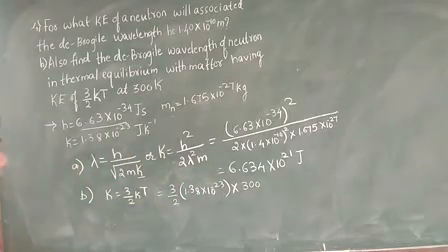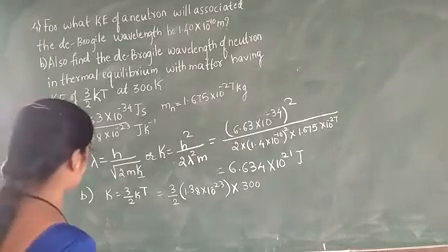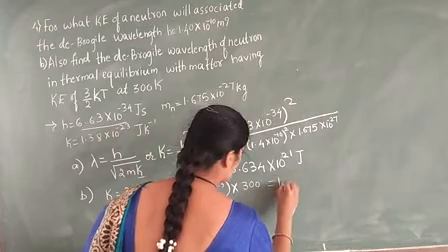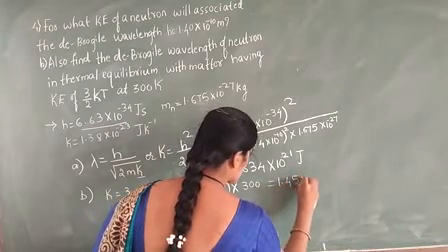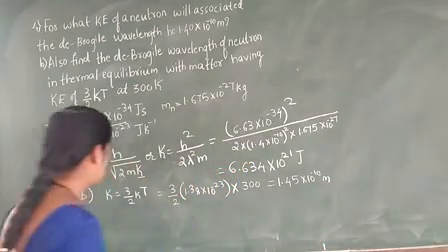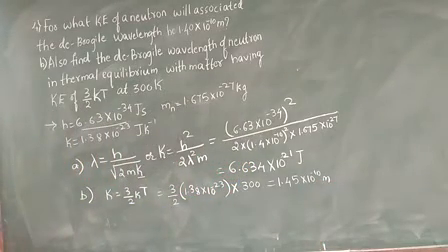Therefore, the calculation part of K gives the answer as 6.21 into 10 raised to minus 21 joule.